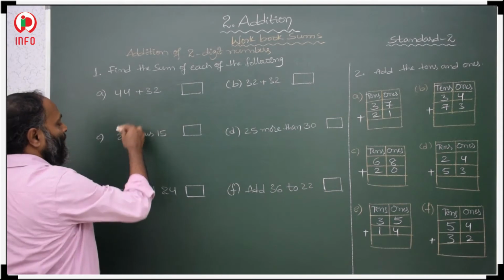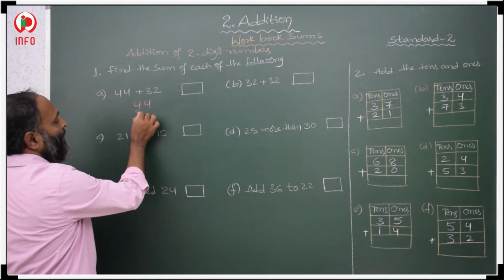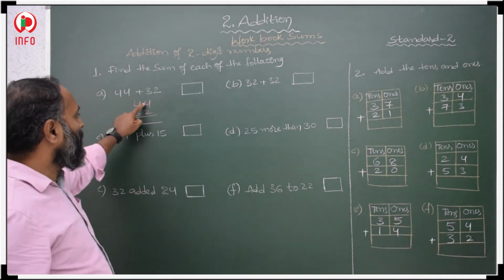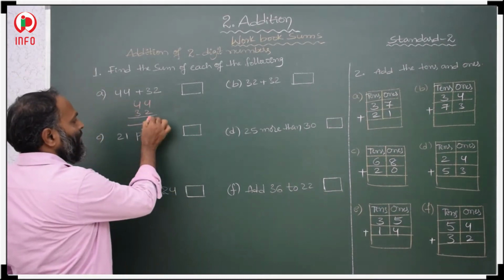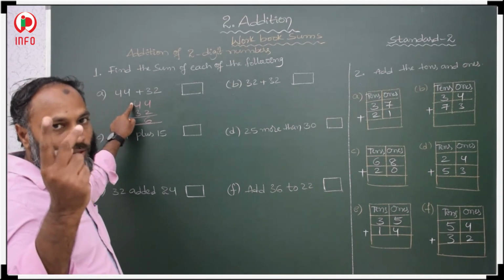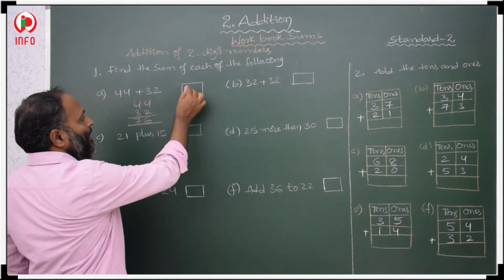So here, 44 and 32 we have to add. 4 plus 2, 6. And 4 plus 3, 7. 76. That is the answer here.